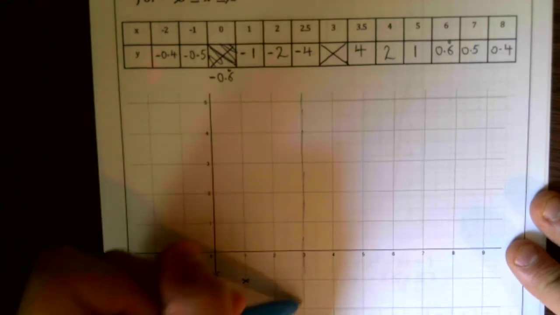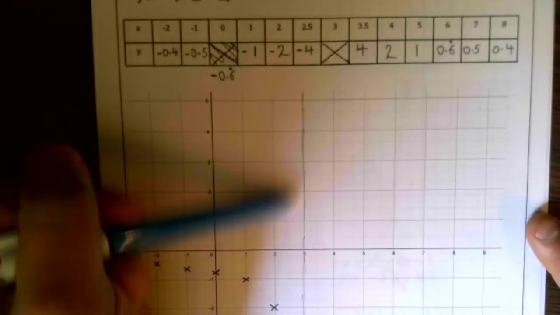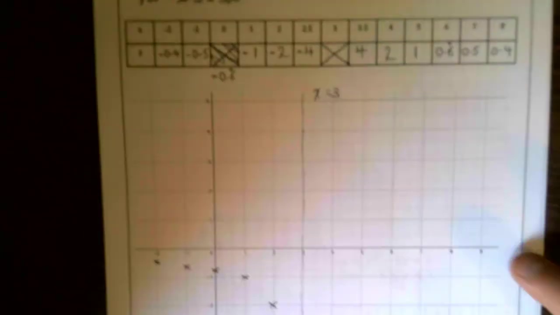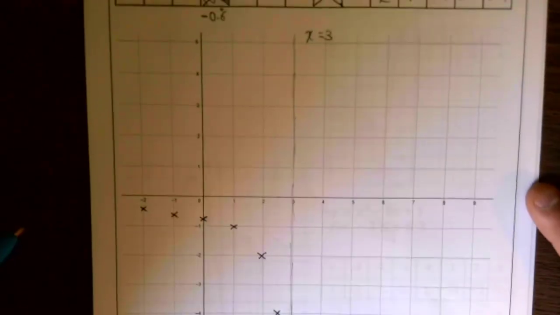So let's have a look, but it looks like it approaches that line, x equals 3, and doesn't actually touch it.